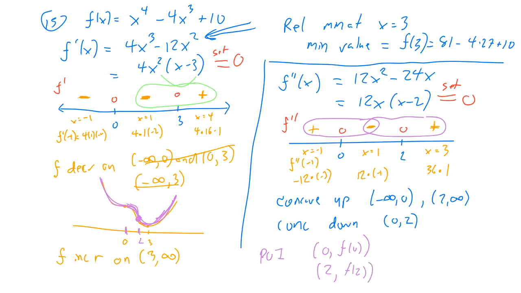The first one's easy. f of 0 is 10, so that's the point 0, 10. And then 2, you just plug into the function. That'll be 16 minus 4 times 8 plus 10, whatever number that is.